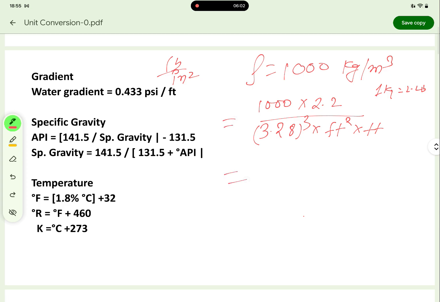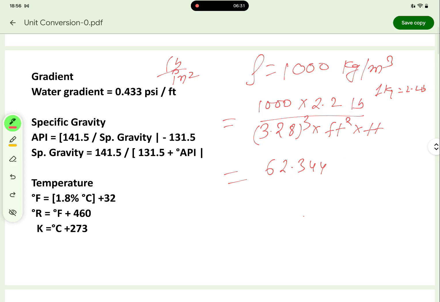After solving this thing, let me calculate: 1000 multiplied by 2.2 and divided by 3.28 to the power 3. So you will get 62.344.